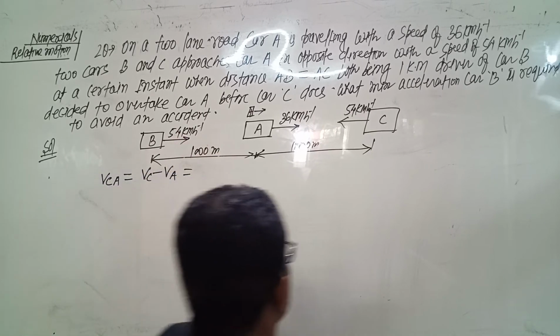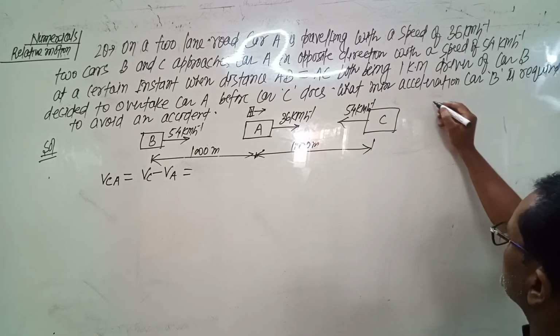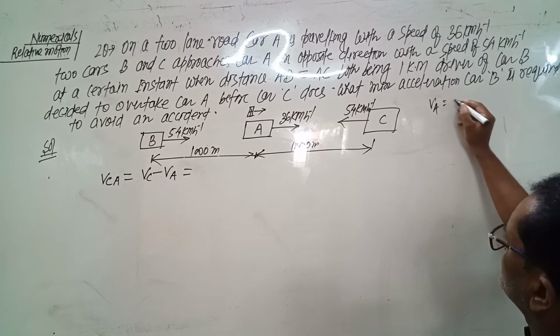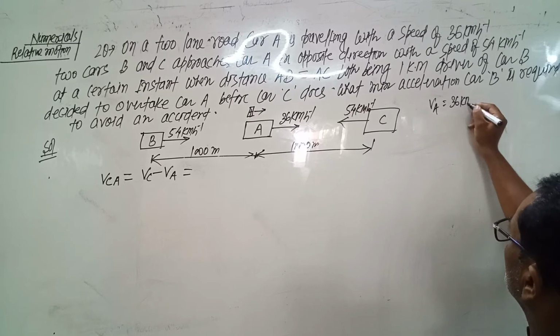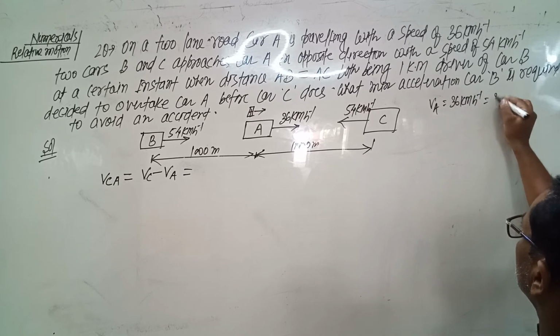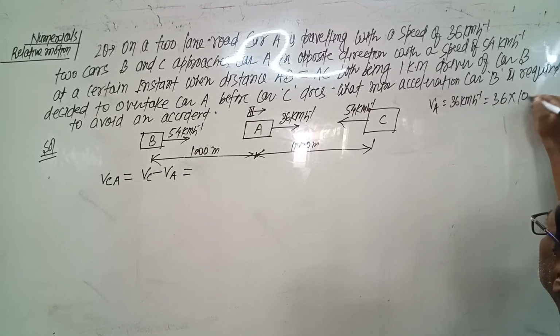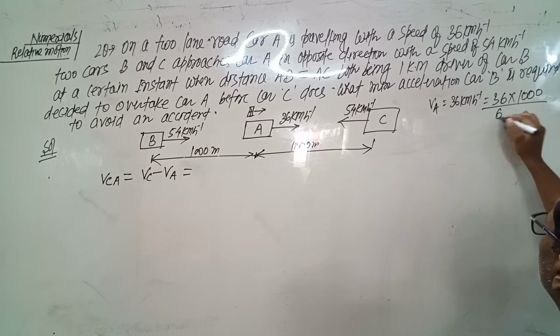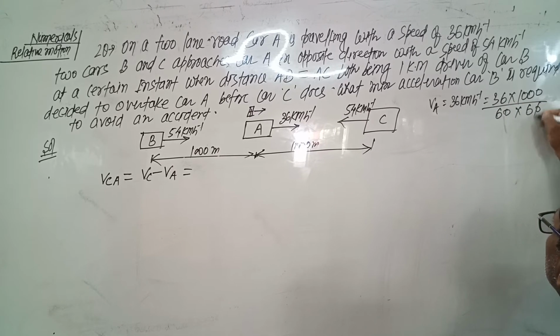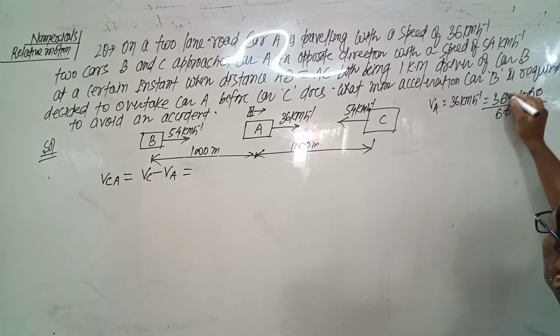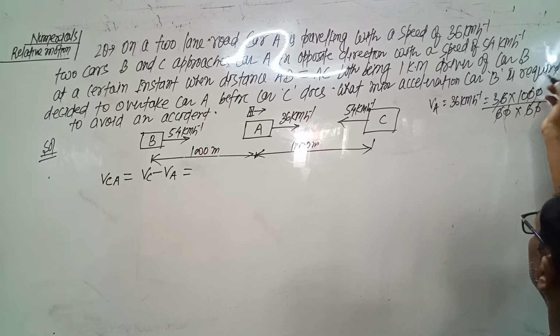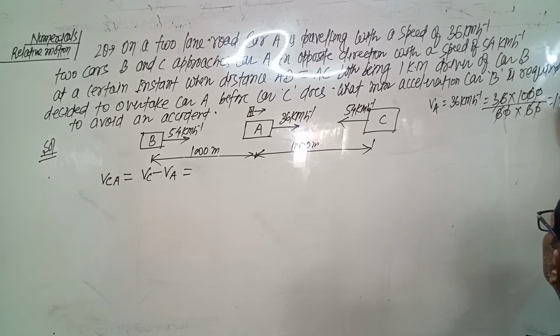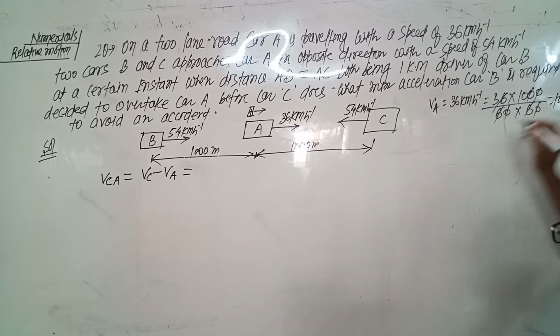First convert: VA equals 36 kilometer per hour, so convert it into meter per second. 36 into 1000 divided by 60 into 60 comes to be 10 meter per second.